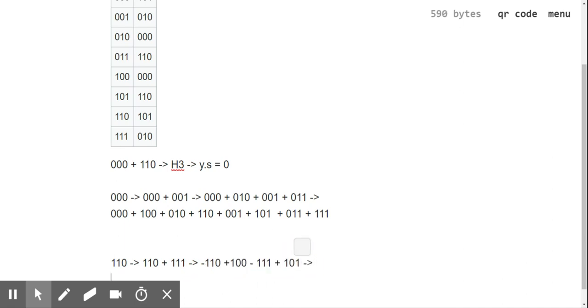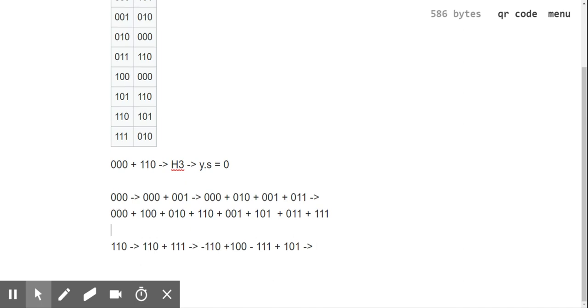I'm gonna do a last one here, and so this term turns into itself minus. So it's gonna be a plus because the sign changes. And this term turns into itself minus and plus.